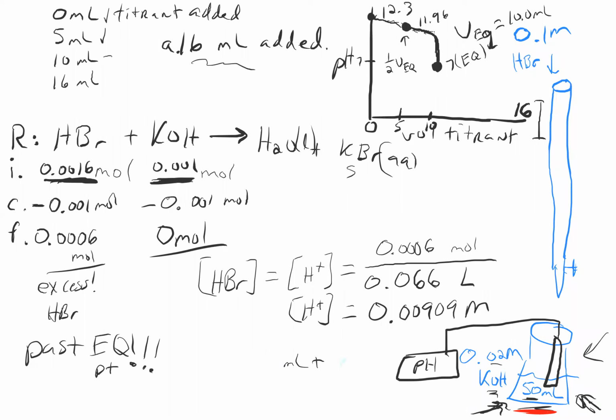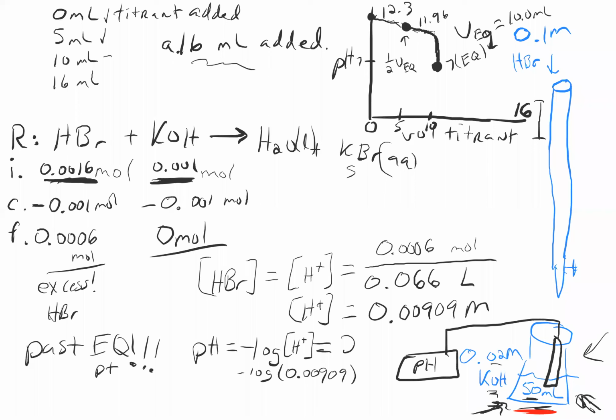And that information is very useful because, of course, we know by heart pH is the negative log of H+, right? So if I take the negative log of that number, 0.00909, that's going to be my pH of the solution here. And that's my last step to solving this particular problem, right?